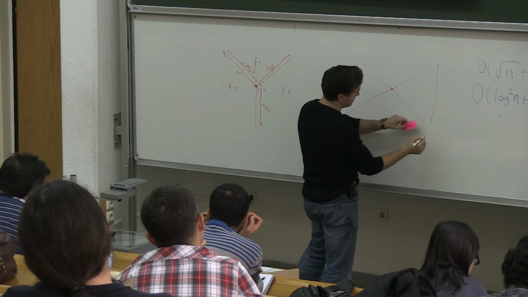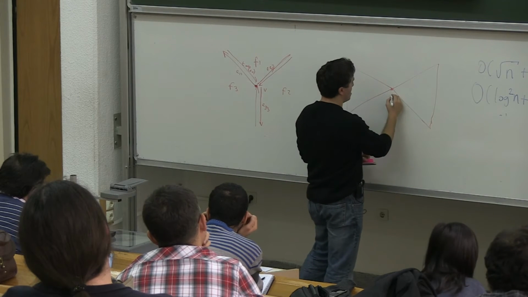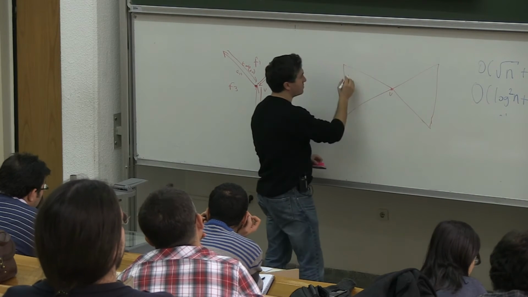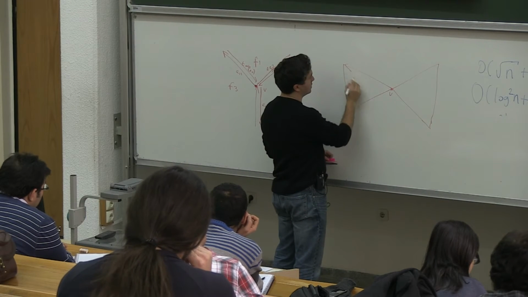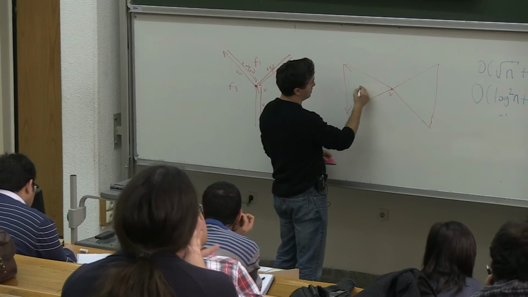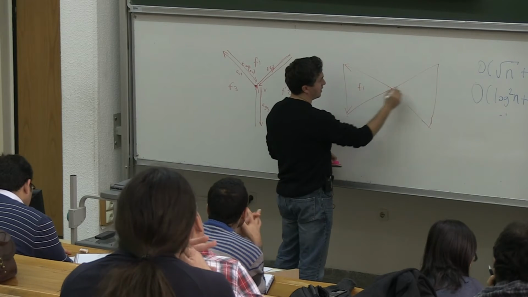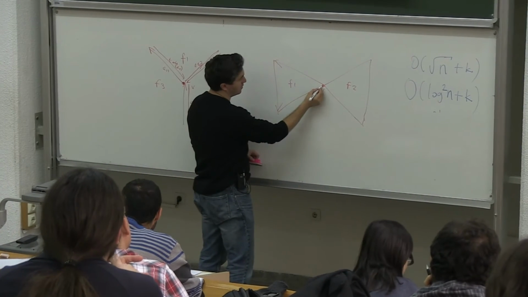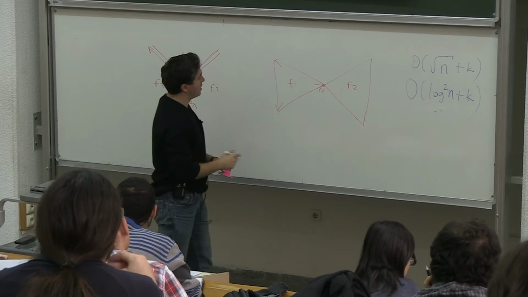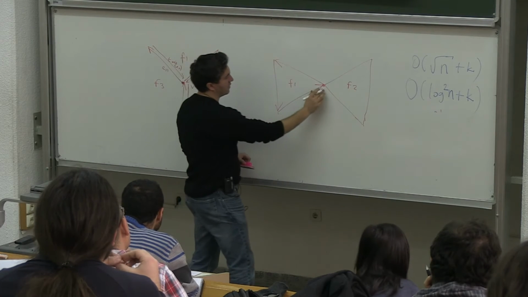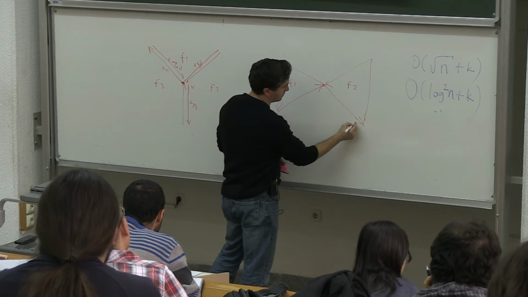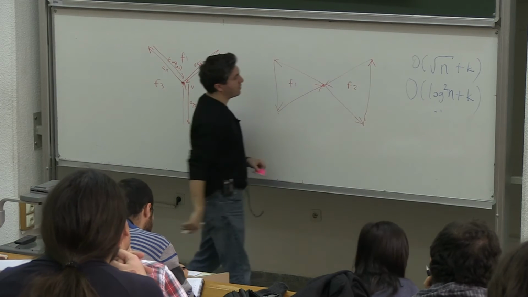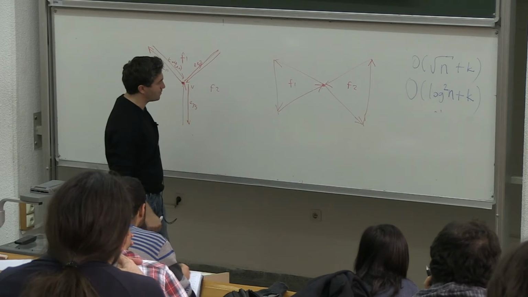Okay, so let's see whether it's going to be a problem. So this is V. So this is counterclockwise order. It's the outer boundary of face 1, face 2. So these edges are outer boundaries of face 1, and this counterclockwise one is the outer boundary of face 2.